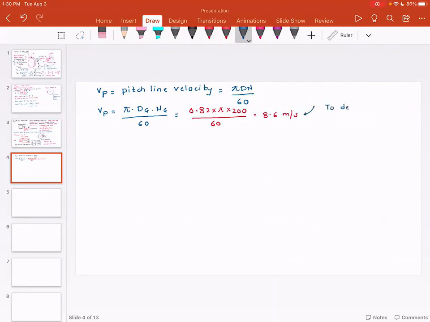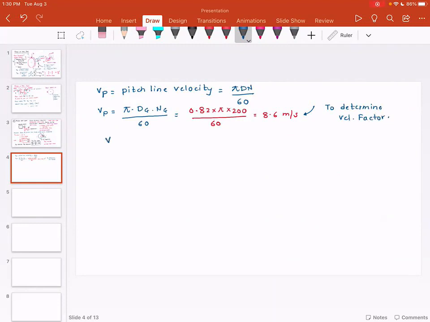Now this is needed to determine the velocity factor. For that, we need to go back and see the appropriate equation for the velocity factor.